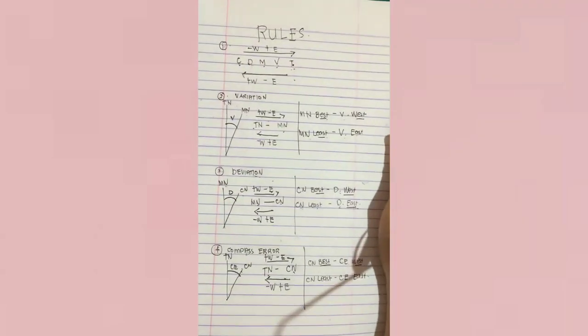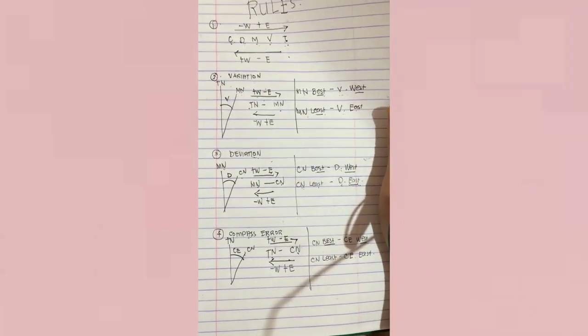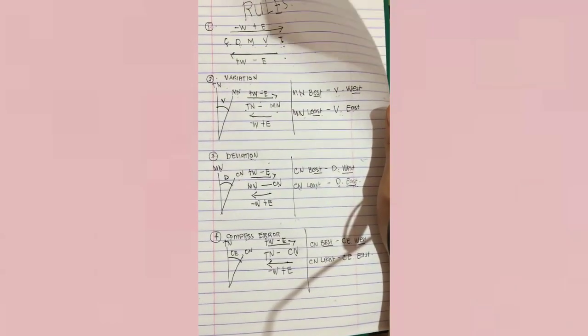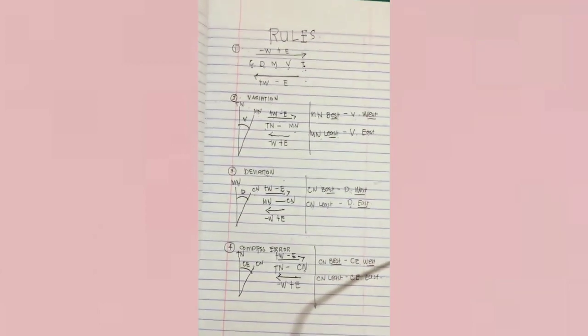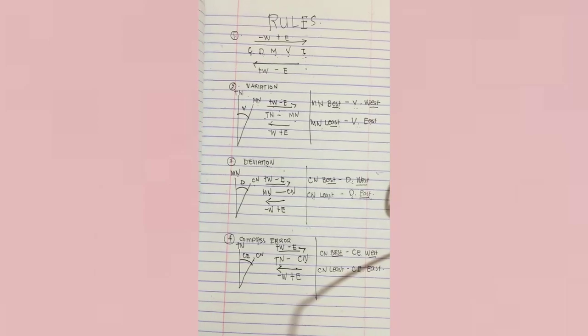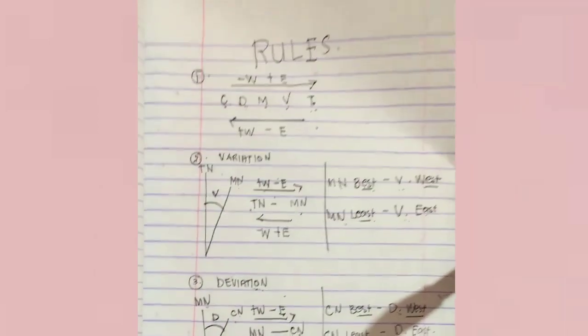So these are the rules that we should remember when calculating the compass north, the deviation, the magnetic north, the variation, and the true north. Now, let me give you an example. So let's turn to the next page.